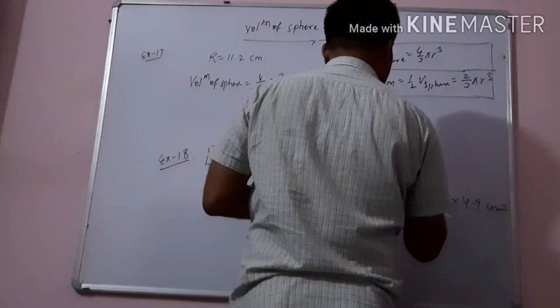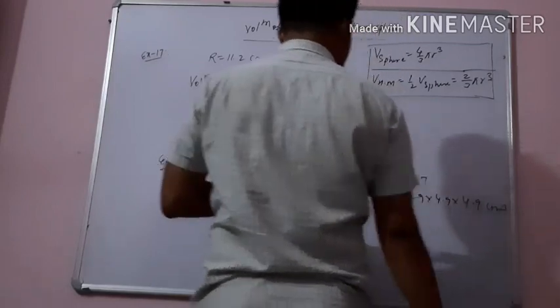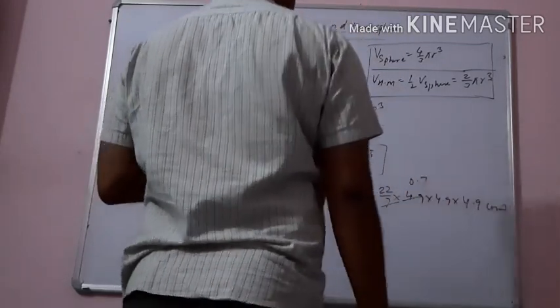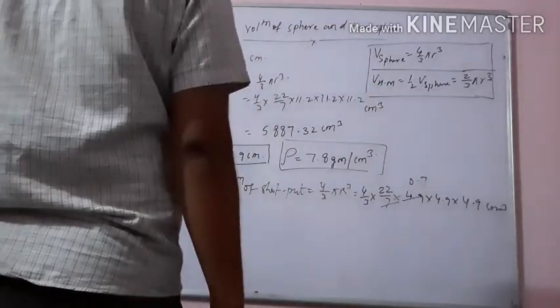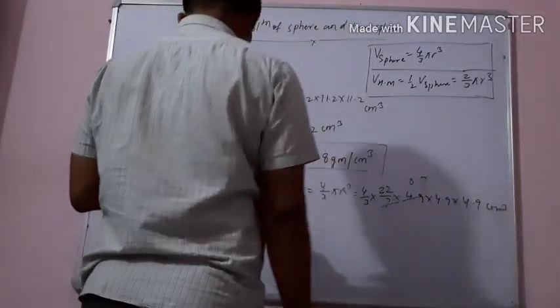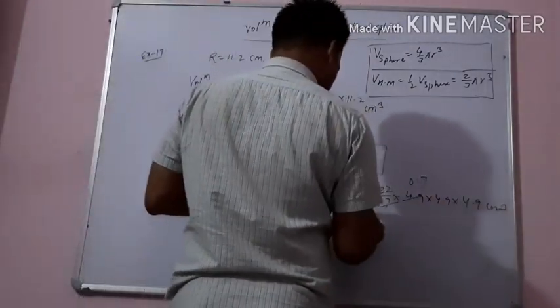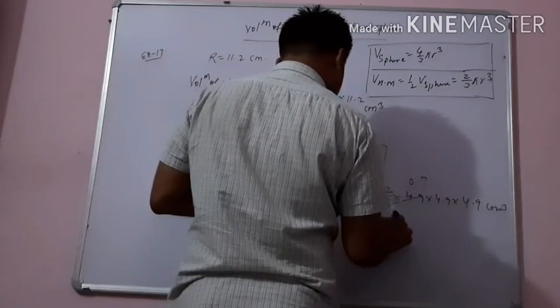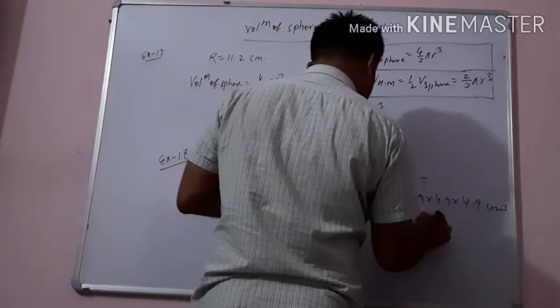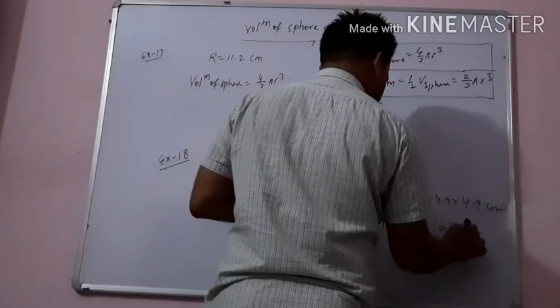When you cancel out 0.7, now multiply and solve it. When you solve it, you will get 493 centimeter cube approx.